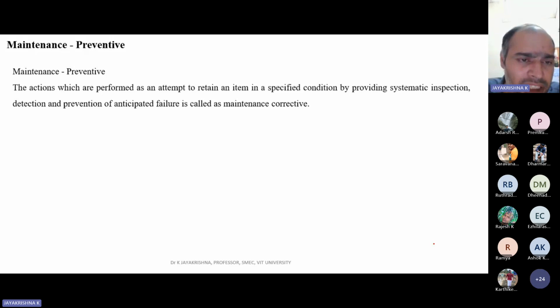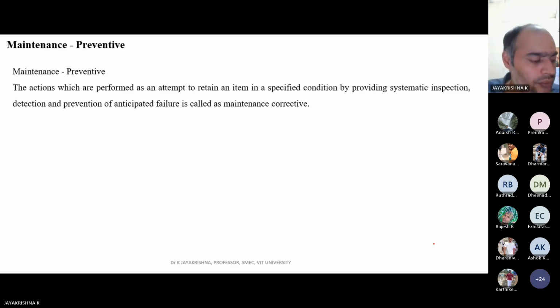So you're anticipating a failure of that UPS battery. In anticipation of that, you do a systematic inspection at regular time intervals, you detect what is wrong, then you take the preventive measures. That's why it's called preventive maintenance. Okay, are you able to understand?